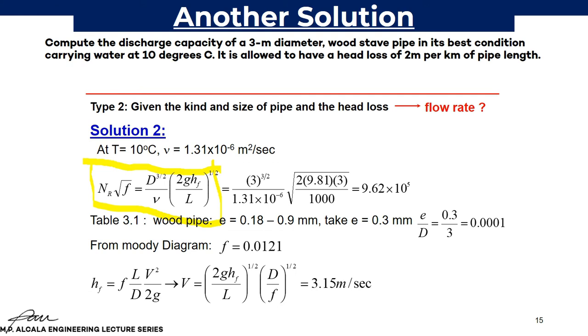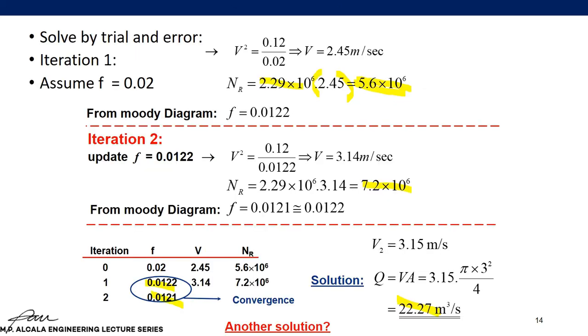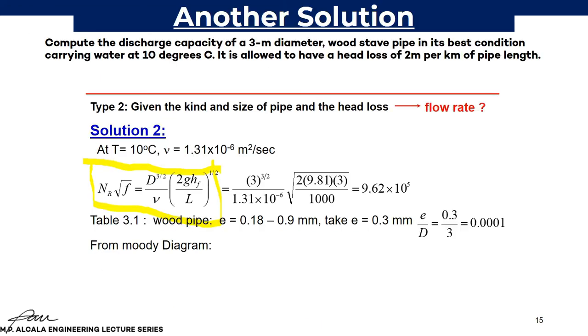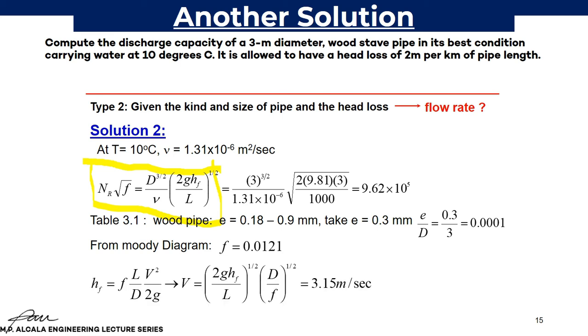So substituting, very straightforward, we simply get the velocity to be 3.15 meters per second, which is approximately equivalent to the previous answer. So simply inputting the value of f here.